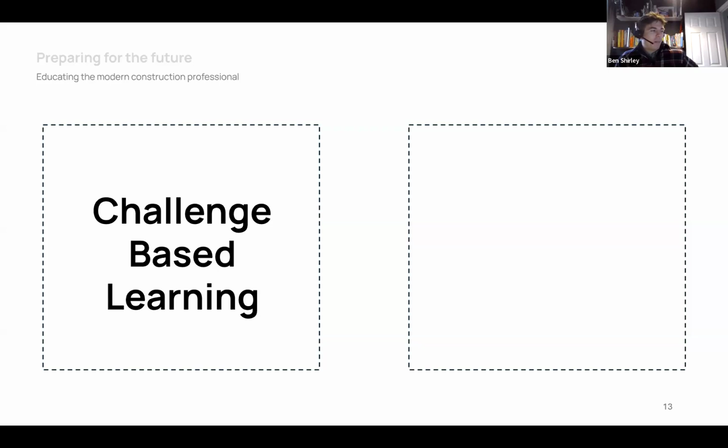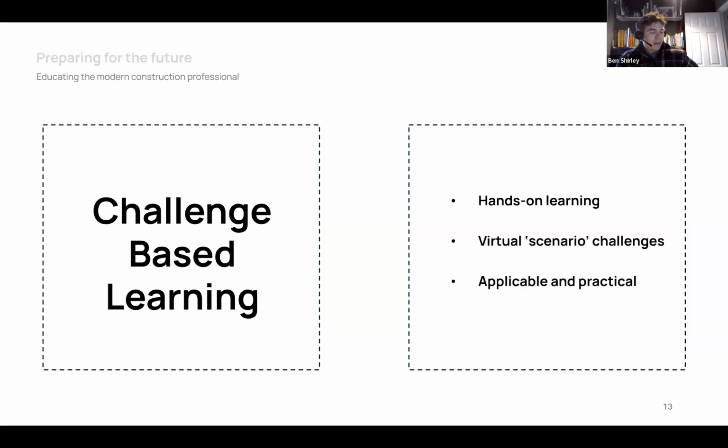I think that's part of the brief right at the beginning. We heard about that. We like to do things as hands-on as we can to ensure that the students are getting those haptic skills, those hands-on skills. If that's possible, virtual scenarios and online challenges as well. And of course, it needs to be applicable and practical.